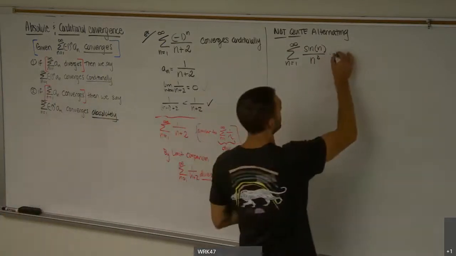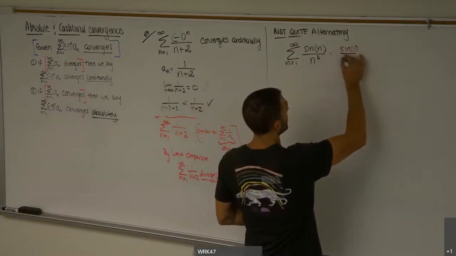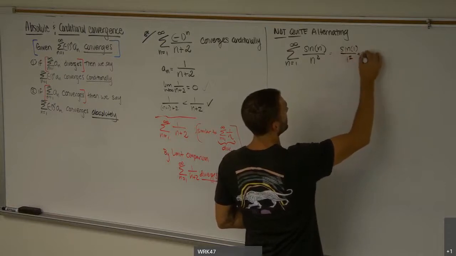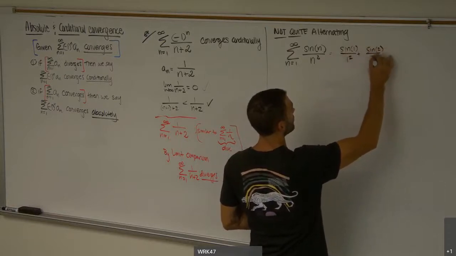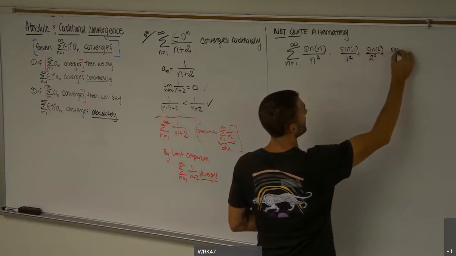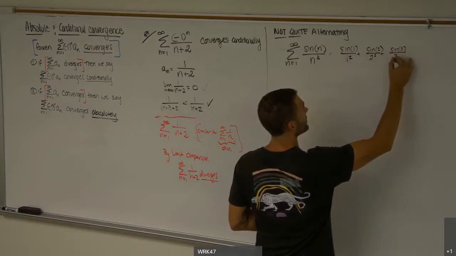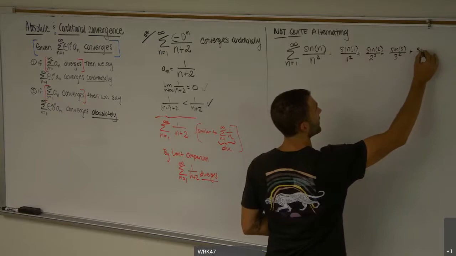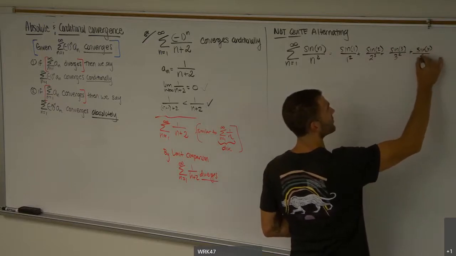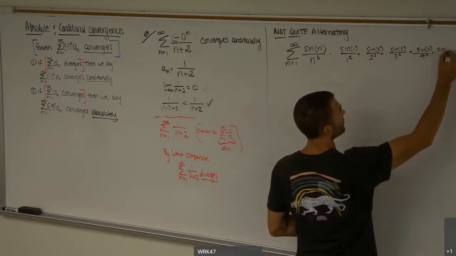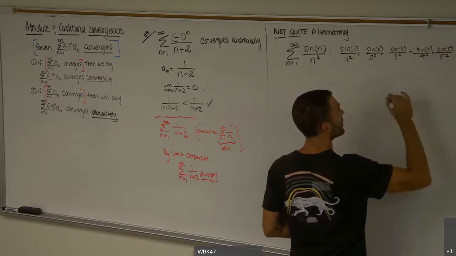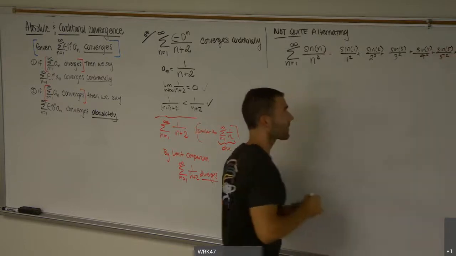This is sine of 1 over 1 squared plus sine of 2 over 2 squared plus sine of 3 over 3 squared plus sine of 4 over 4 squared, I'll do one more, sine of 5 over 5 squared. We get the point, dot, dot, dot.